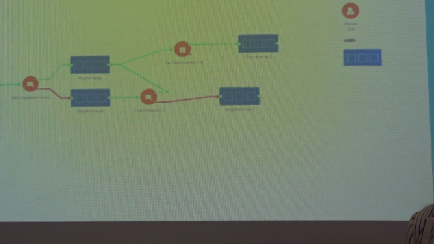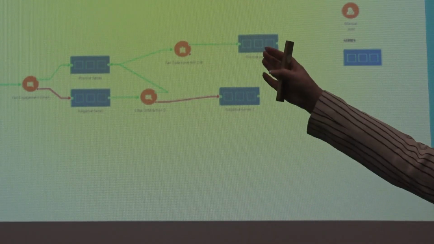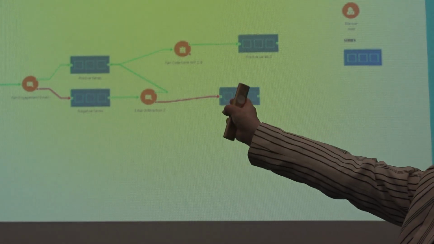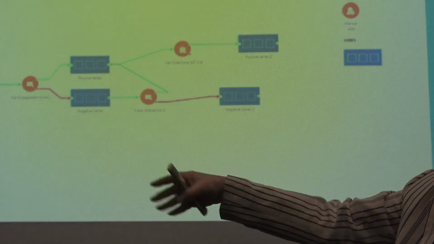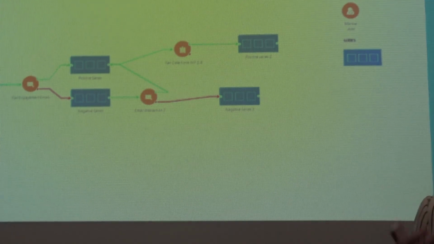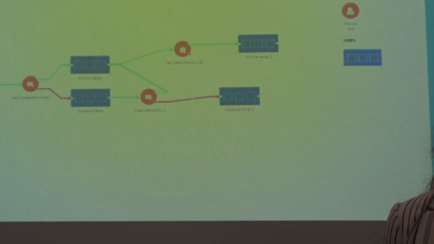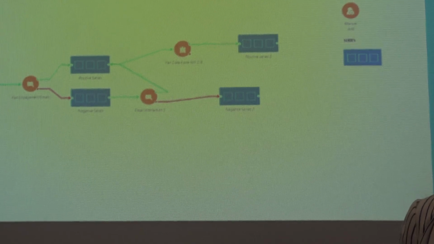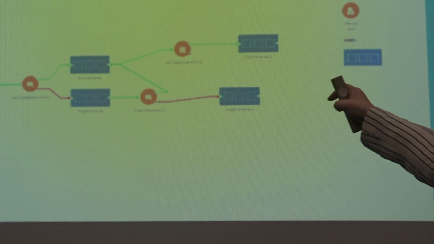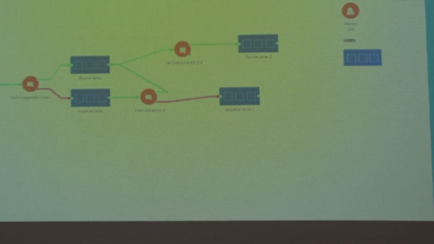Again, the detail is not important, but what we're seeing here is somebody is triggering something. Typically, they're downloading a white paper or coming to an event or doing something, and following that, a series of activities happen.